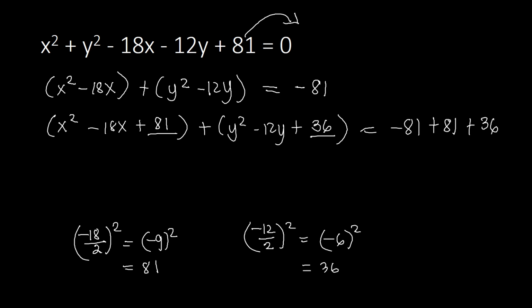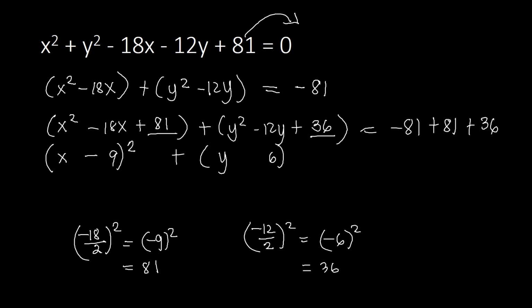Then we are going to factor out. So factoring this out, this is now x. Square root of x squared is x. Square root of 81, that is 9. Then we follow the middle sign, which is minus. And then we square that one. Plus, again, we get the square root of y squared, that's y. Then we've got the square root of 36, that's 6.